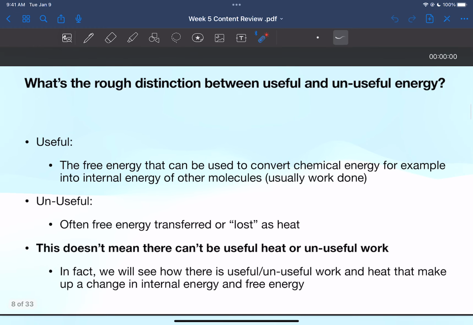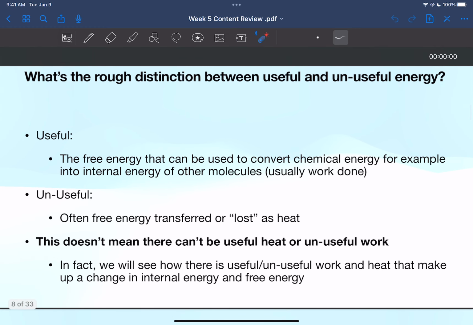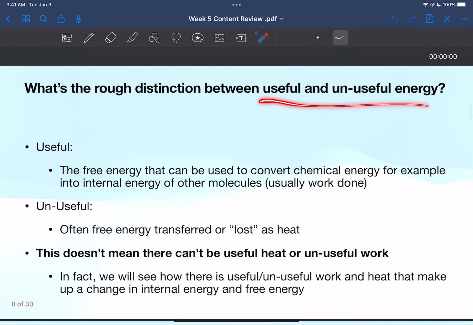Now, just to recap again, the difference between useful and unuseful energy. Useful energy is that free energy that can be used to do work, to convert, for example, chemical energy into internal energy of other molecules. And this makes sense, because we were saying that after a certain point, that energy is useless.